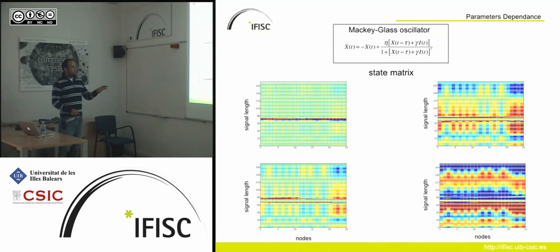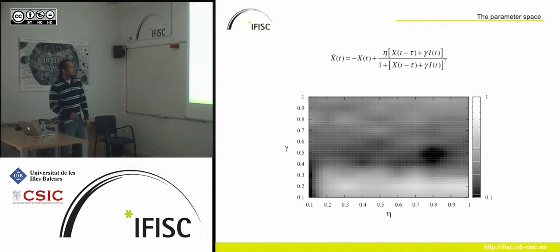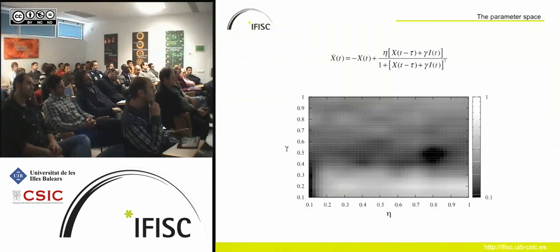So in order to check where we can perform better, we go over all the values for eta and gamma, remember that this is the feedback strength and this is the input scaling, and then we look for the optimal square.